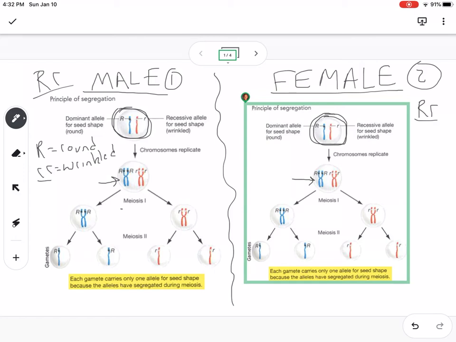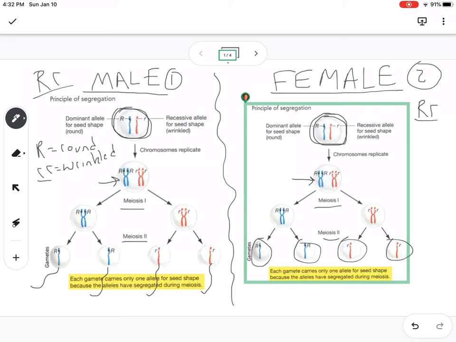Now, in Meiosis One, they separate apart. In this case, the big R sister chromatids went one way, the little r went the other way, same in this case. And then another round of division separates the chromatids. The male is going to have, I'm going to put these little tails to represent sperm, and these will be eggs.